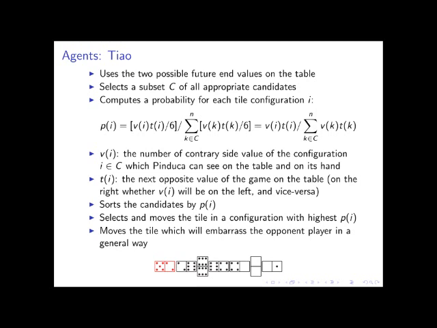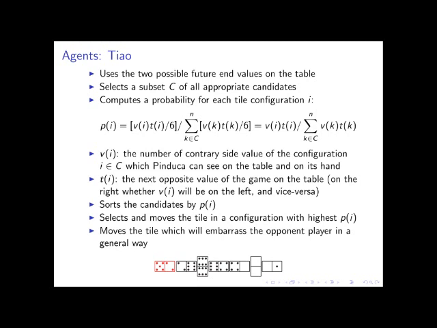Pi is computed as Vi times Ti divided by the sum of all Vk times Tk in the set C. In the figure, the example shows a red tile which will be moved.